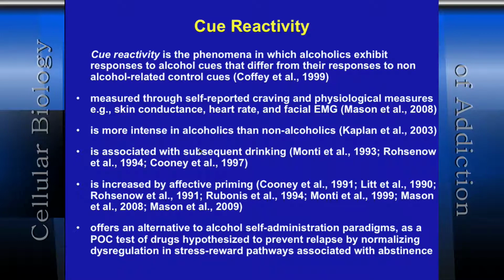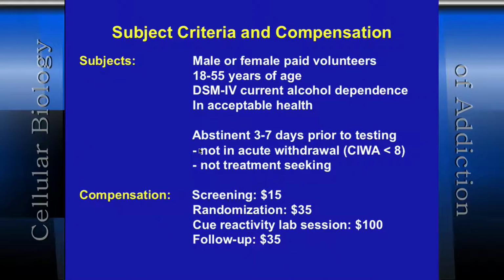So, as I mentioned, we want people who have current alcohol dependence because these are the individuals who do have the stress system dysregulation. And we have them abstinent for 3 days before the cue reactivity testing because we want them to be in a state ready to be responsive to their favorite alcoholic beverage.